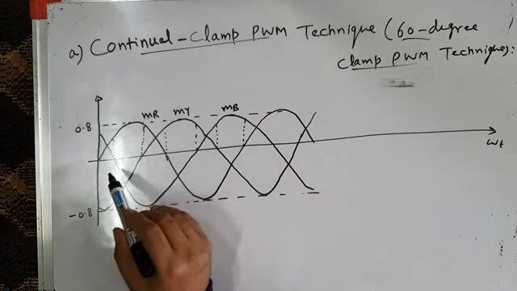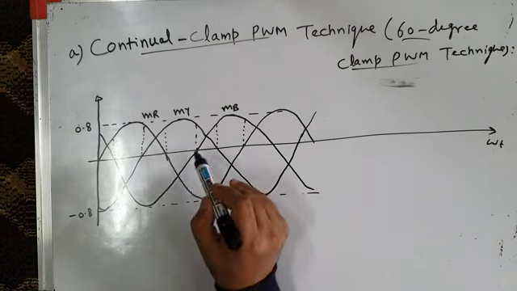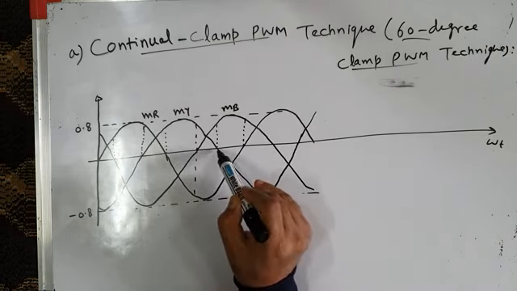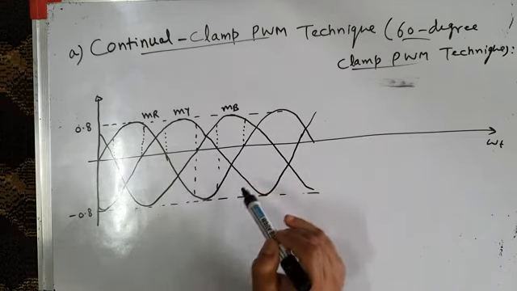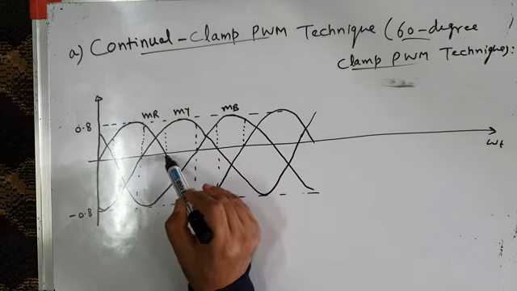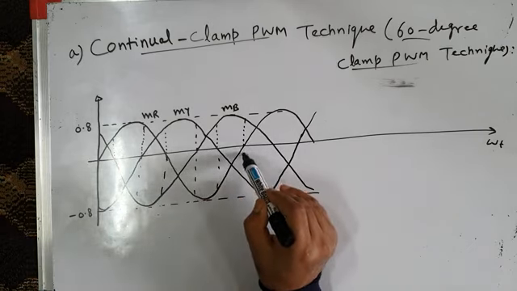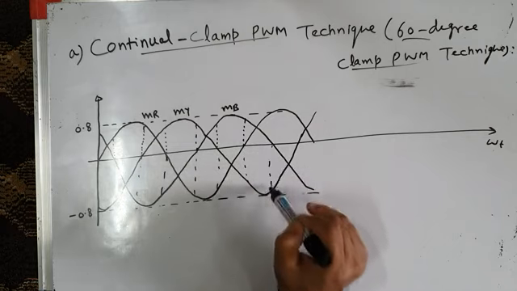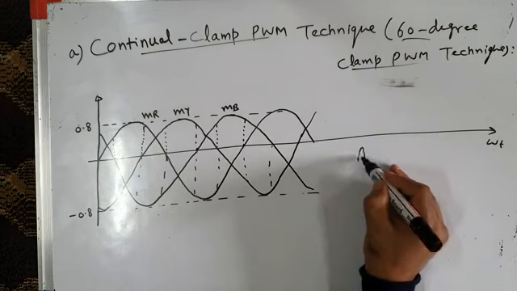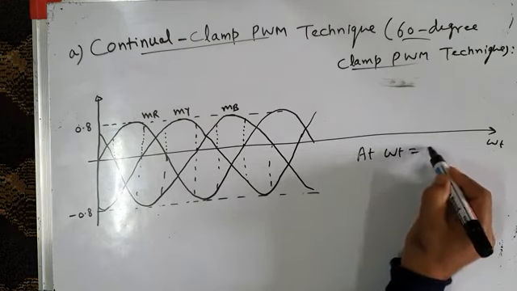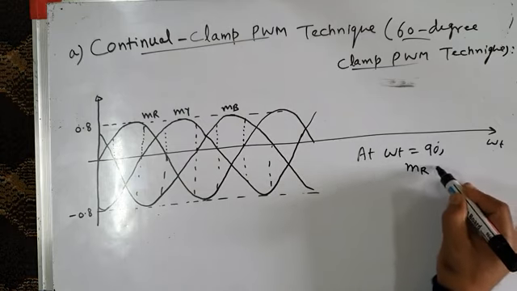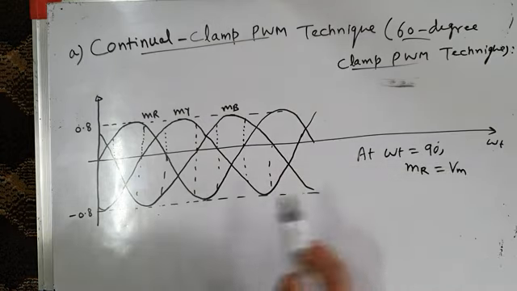Similarly, this MR is having maximum negative value from this instant to this instant. This waveform is having maximum negative value from this instant to this instant. This waveform is having maximum negative value from this instant to this instant, 60 degree intervals, right? So I can write like this, that at omega t equal to 90 degrees, my modulating reference wave MR is having maximum value Vm.